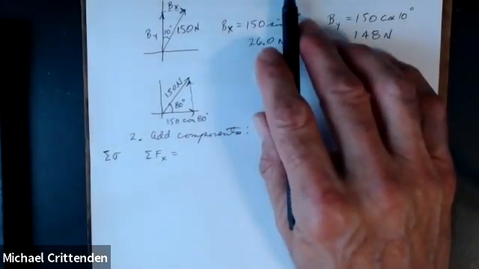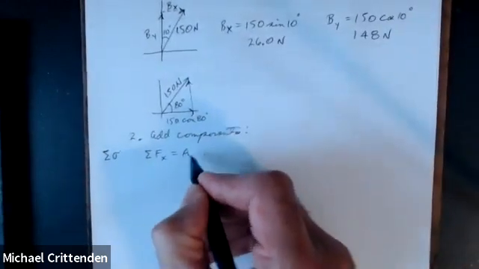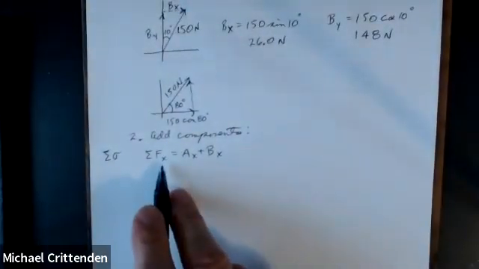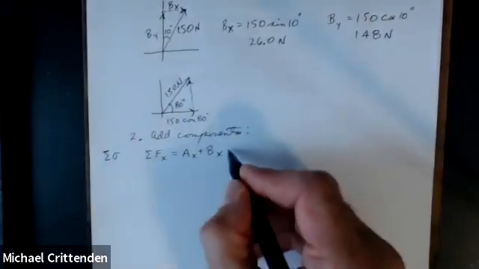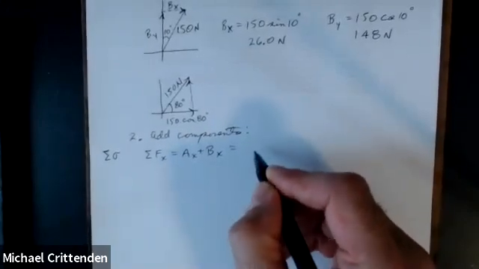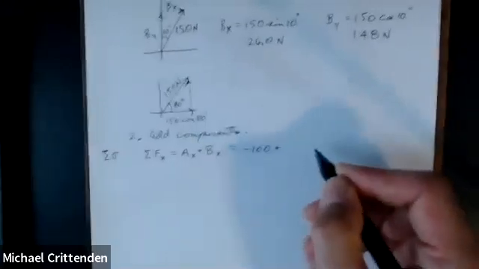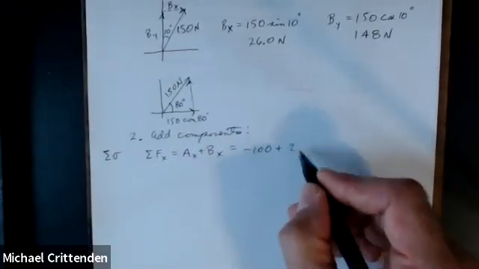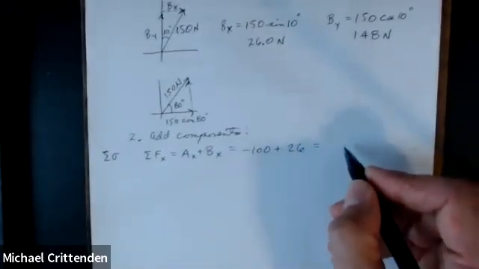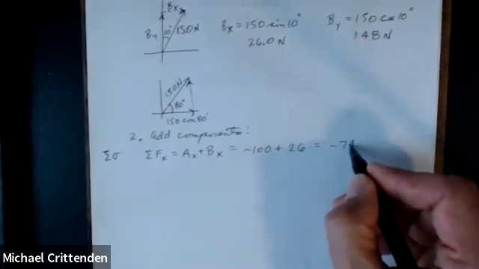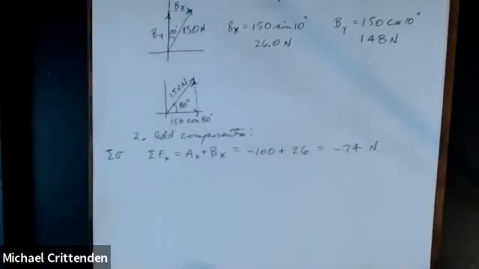Well, we've got two of them in this case. Summation of the x's means ax plus bx, which would be the negative 100 added to the positive 26. So I've got negative 74, measured in newtons.